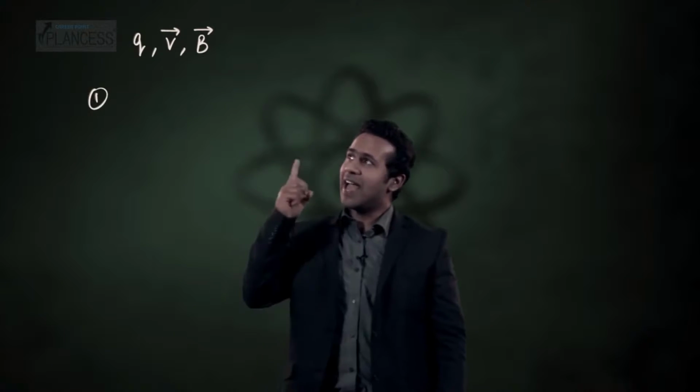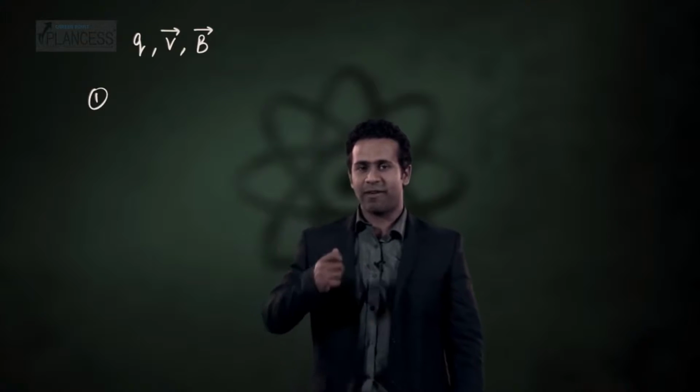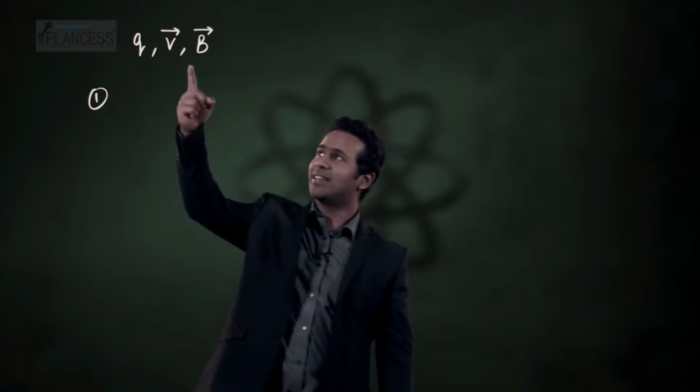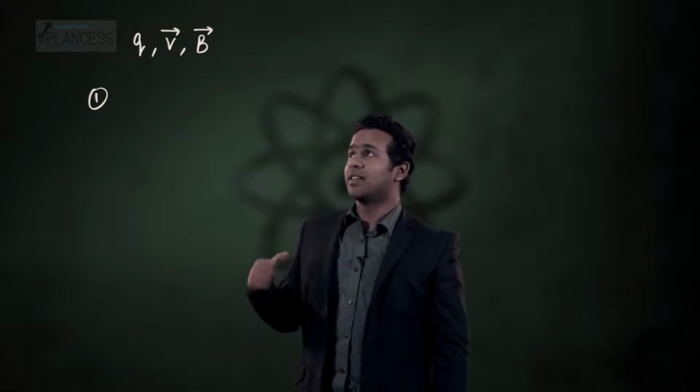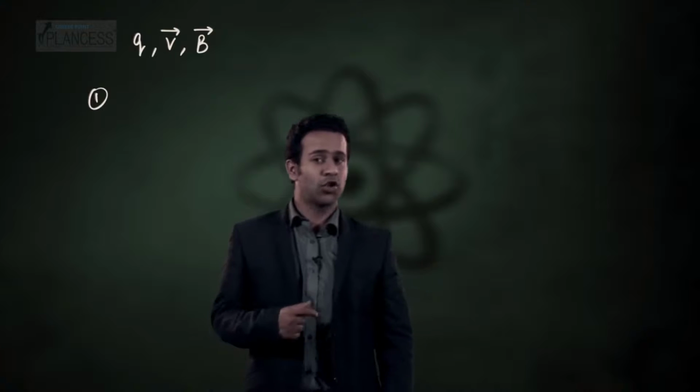The arrow on the top of v is to indicate that this is a vector. The same thing I've done on B to indicate that magnetic field is also a vector. And we have already seen how to find the direction of magnetic field.